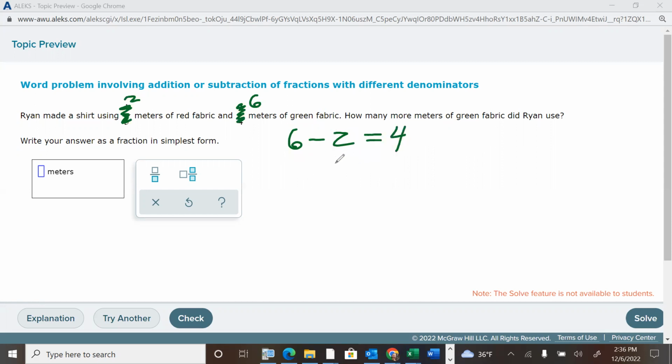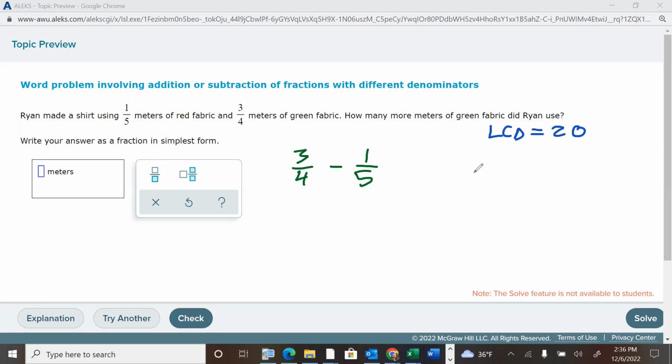So that's what we're going to do: bigger one minus smaller one. 3/4 minus 1/5. The smallest number that 4 and 5 divide into is 20. 5, 10, 15, 20. So I'm going to multiply this by 5 over 5 and this by 4 over 4, and then we'll get 15/20 minus 4/20.